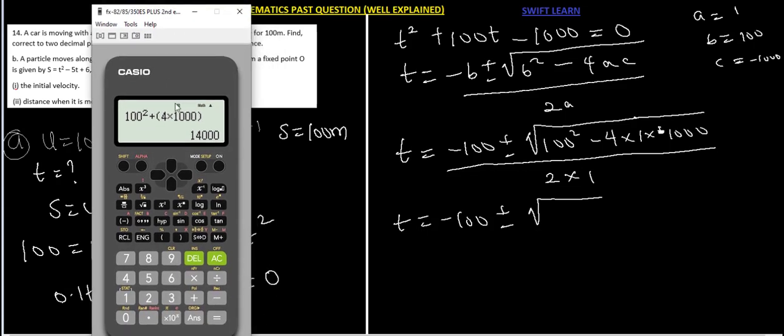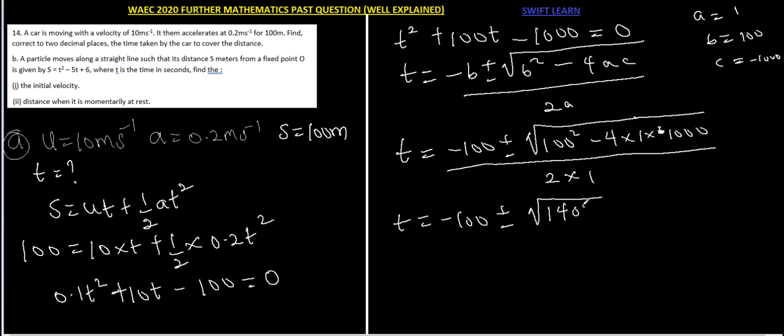So we have about 14,000. What is the root of 14,000? Okay, 20 root 35.